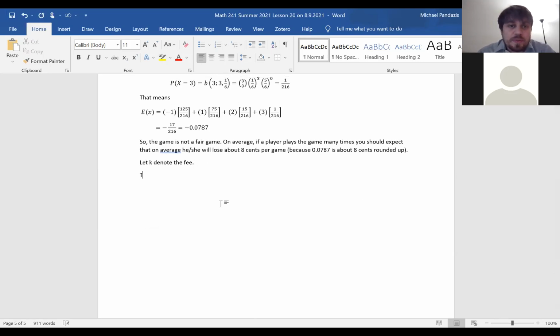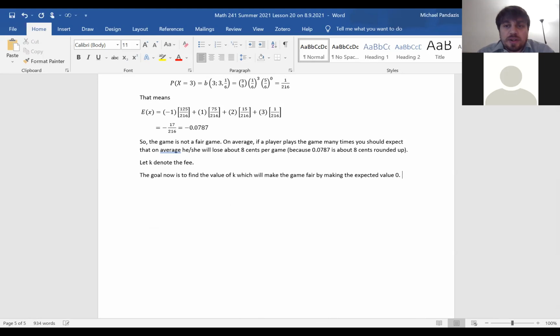The goal now is to find the value of K which will make the game fair by making the expected value 0.